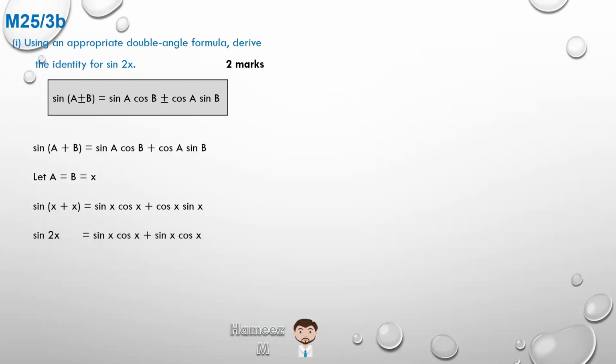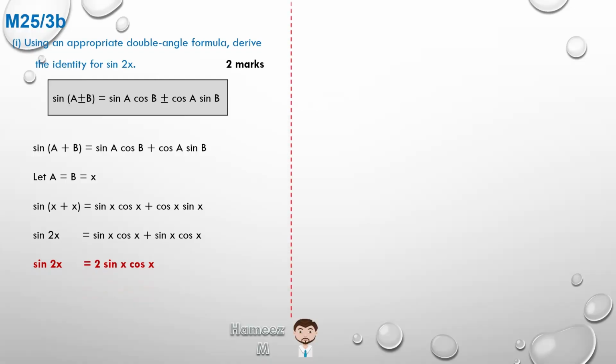So sine 2x is sine x cos x plus sine x cos x by the law of commutativity. And sine x cos x added to sine x cos x is equal to 2 sine x cos x. So sine 2x is equal to 2 sine x cos x. So we've used the appropriate double angle formula in order to find the identity for sine 2x.